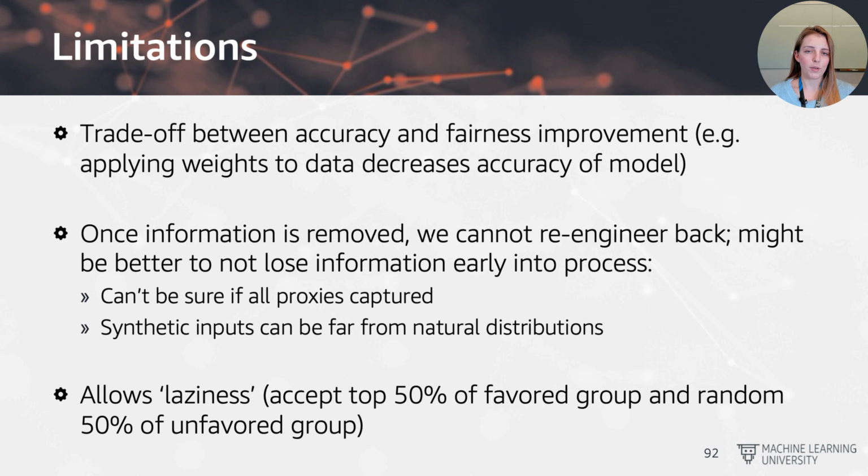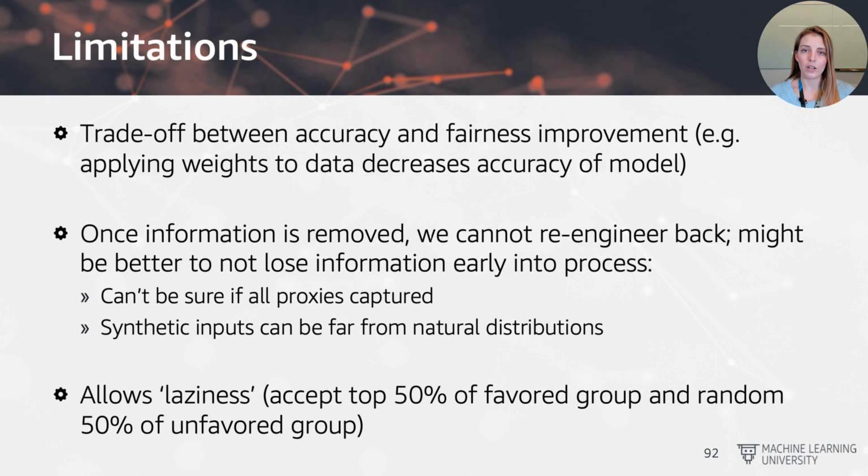And finally, if we perform transformations, then these new transformed distributions, this synthetic data, can actually be rather far from the natural distributions. So again, this might complicate things when it comes to making model predictions, because we may not observe such a transformed value in reality.